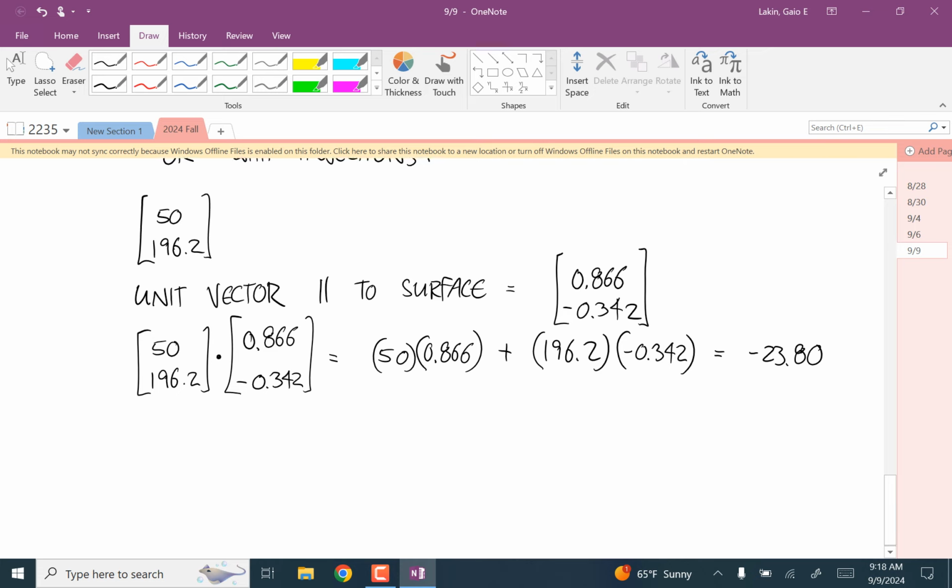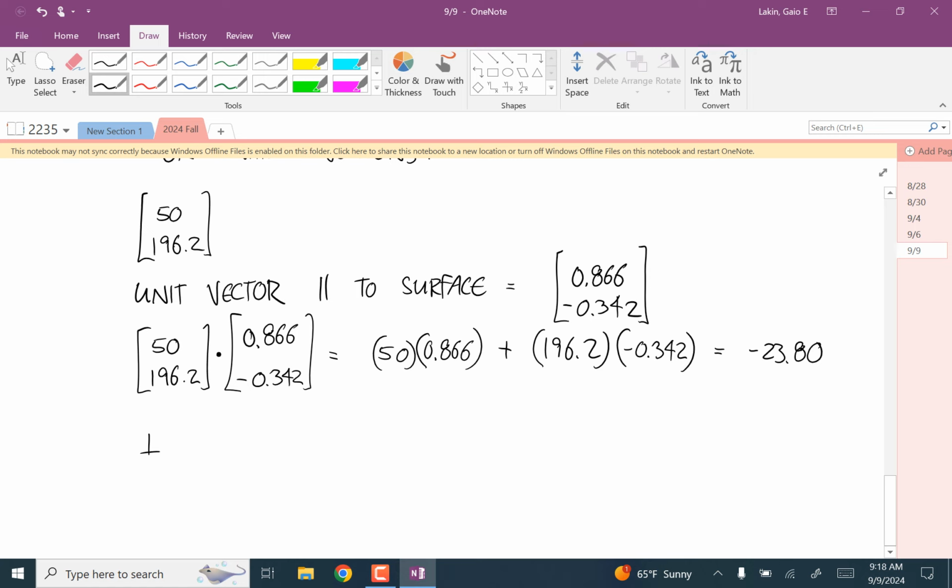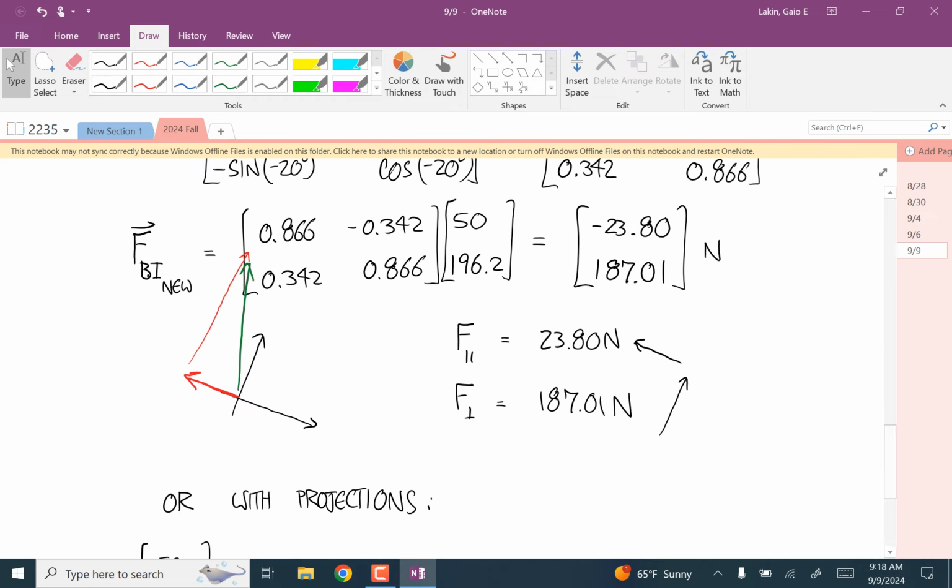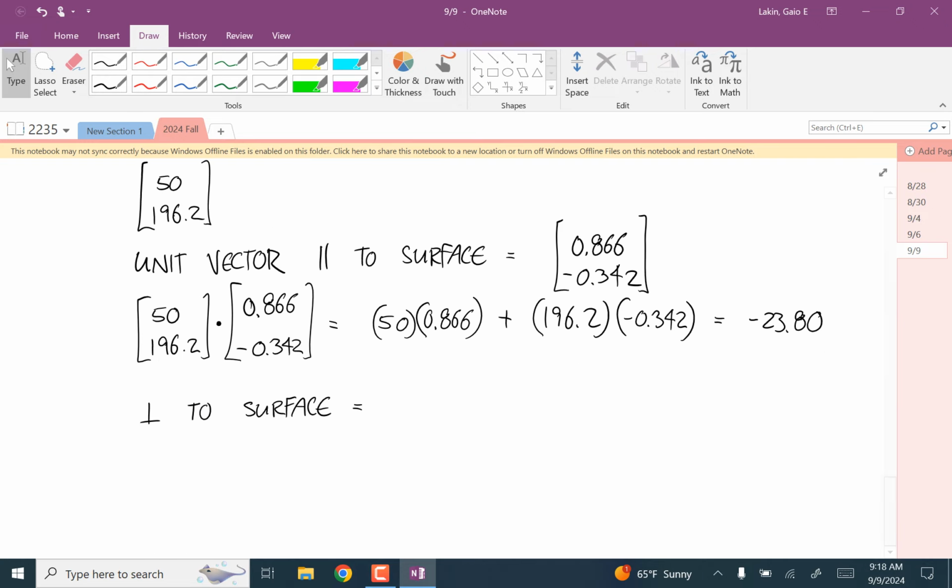Yeah. And then perpendicular to the surface, now I'll do the one up and to the right.